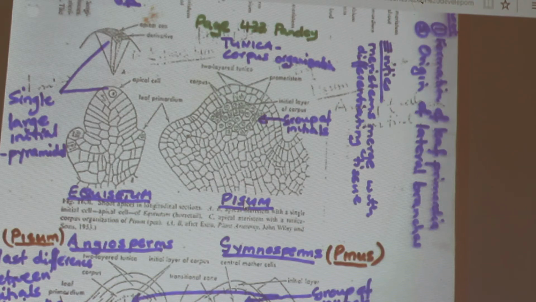This is Pisum, the pea, which is an angiosperm. We see two layers. In Pinus, we only see one layer. There was a scientist who studied this apical meristem and realized these differences. We will go through the people who have contributed to these studies one at a time.